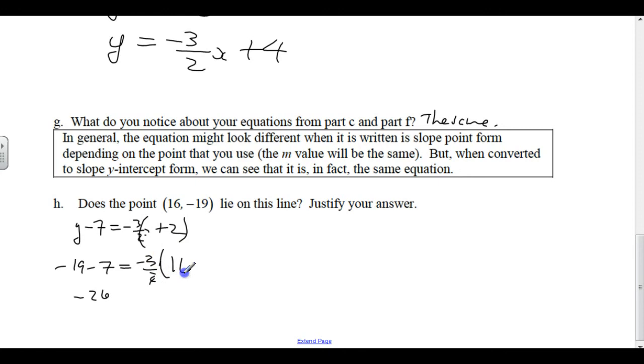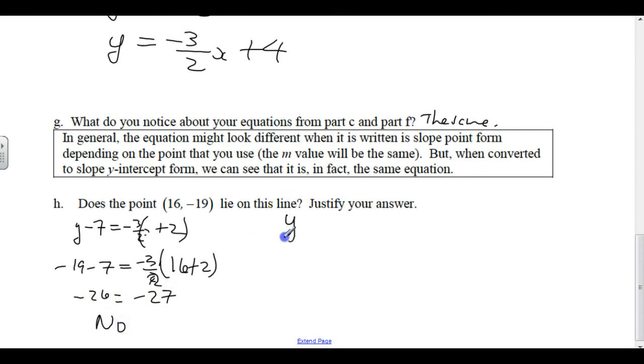Okay, and this is 16 plus 2. That's 18. Negative 19 minus 7 is negative 26, and negative 3 times 18 over 2 is negative 27. So, no, it doesn't lie on the line.